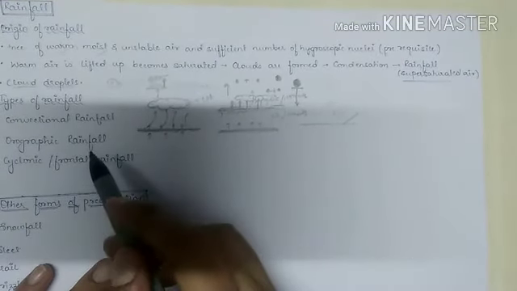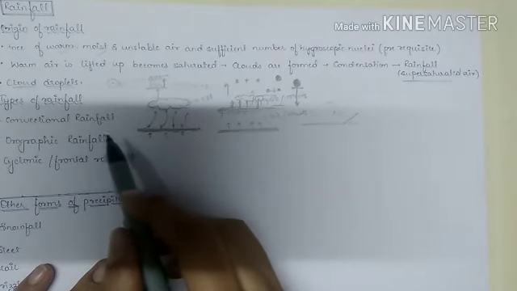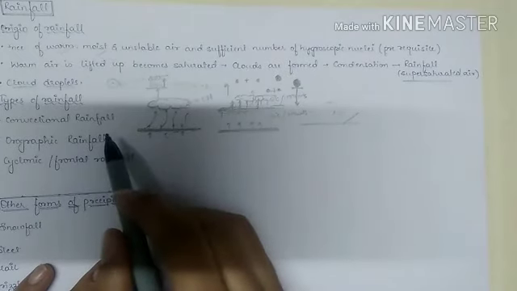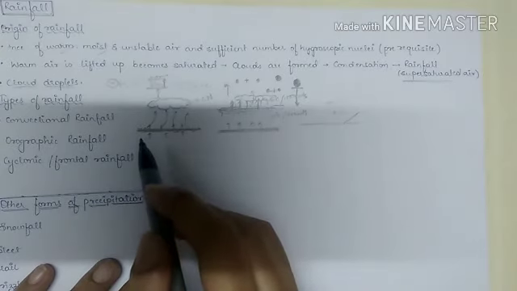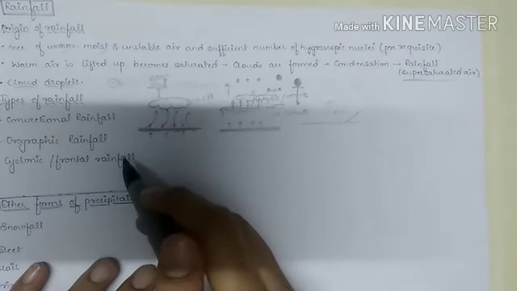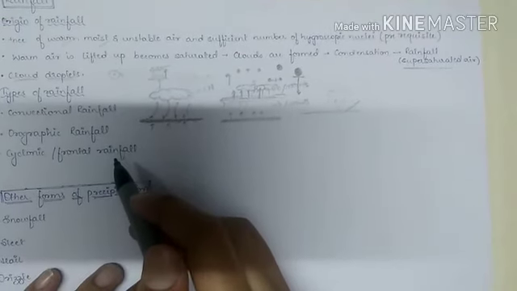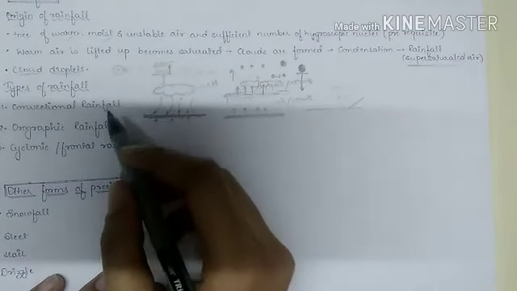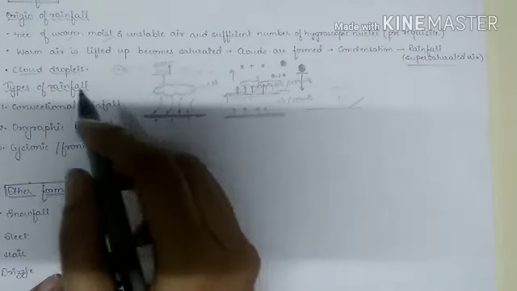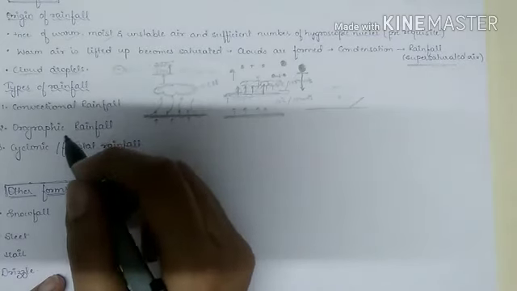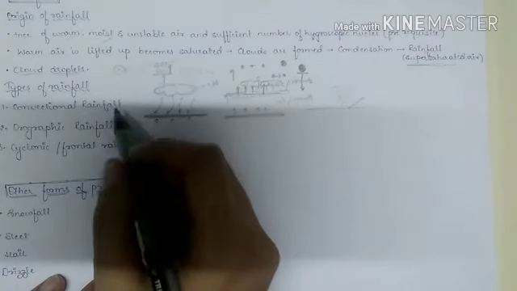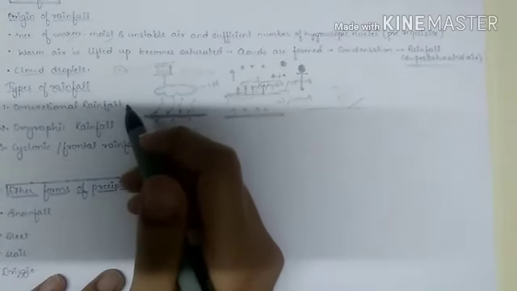Now, convectional rainfall in the equatorial region supports evergreen forest. Lastly, convectional rainfall in hot desert is not regular but is irregular and sudden.